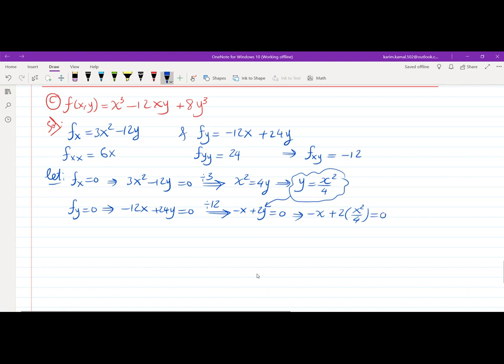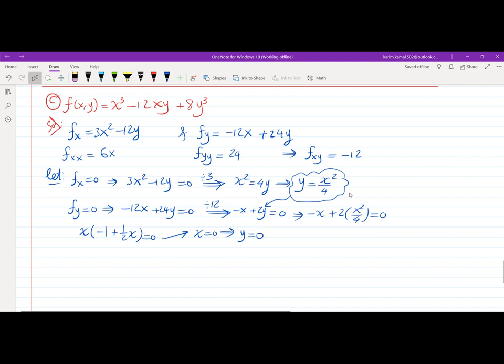If we take x as a common factor, we will have x times negative 1 plus half x equals 0. So we have a product of two terms equal to 0, then either the first or the second will be equal to 0, and then x equals 0, and in this equation we will get that y also equals 0.